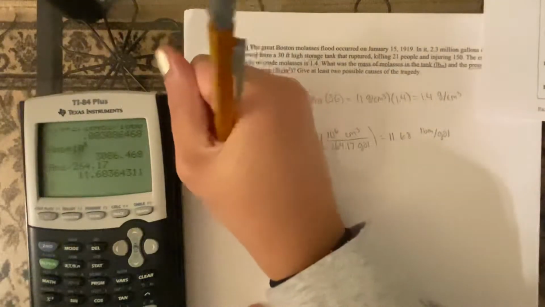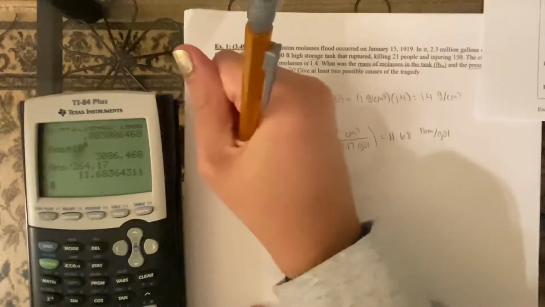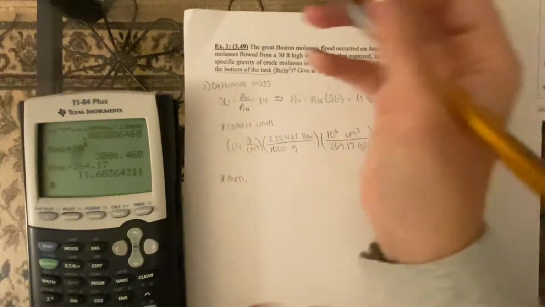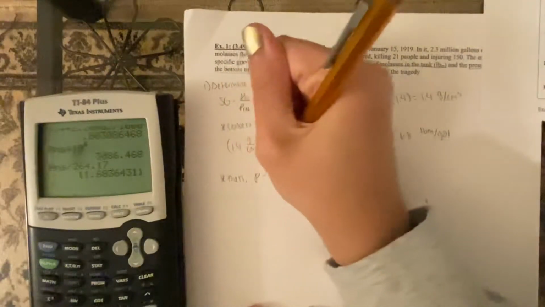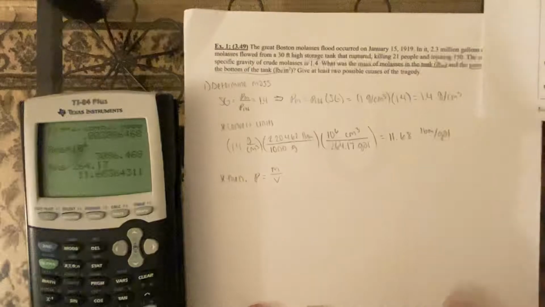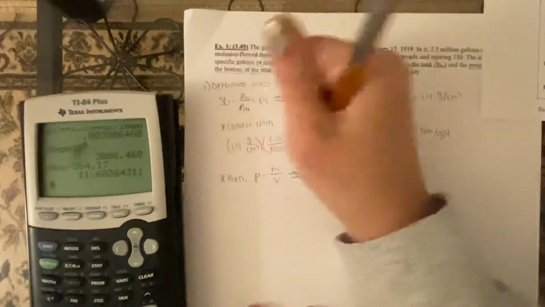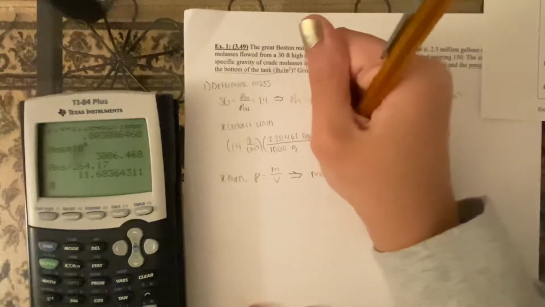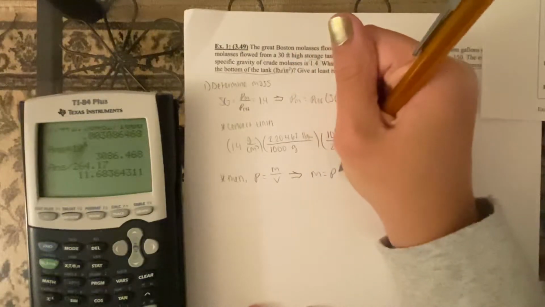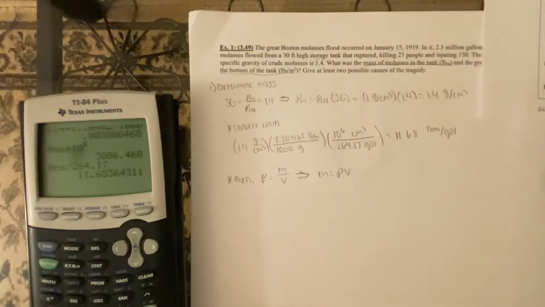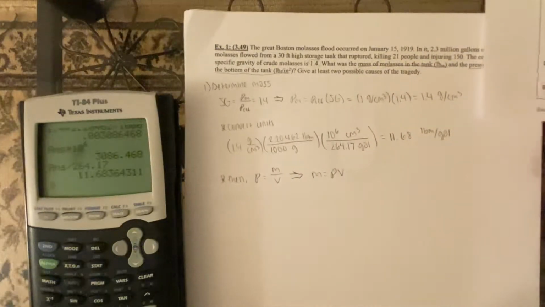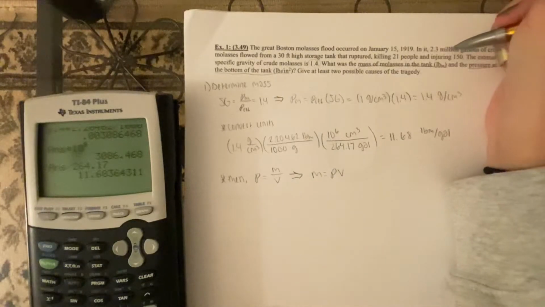And so then we know density is equal to mass over volume. We can rearrange that to get that our mass is equal to our density times our volume. Here's our density, and we know our volume is given to us as 2.3 million gallons.